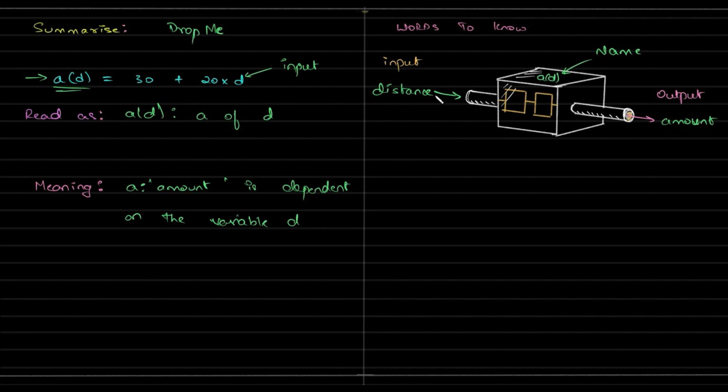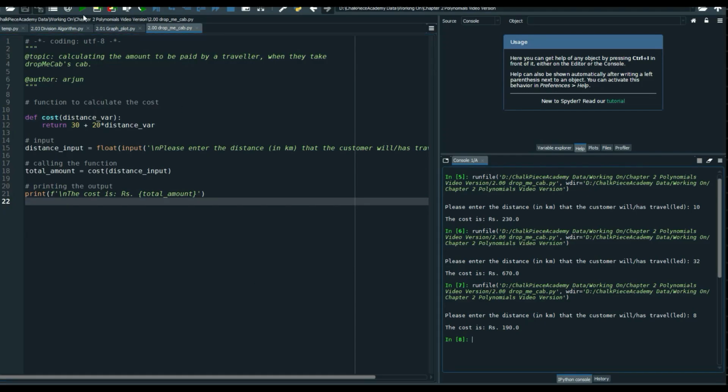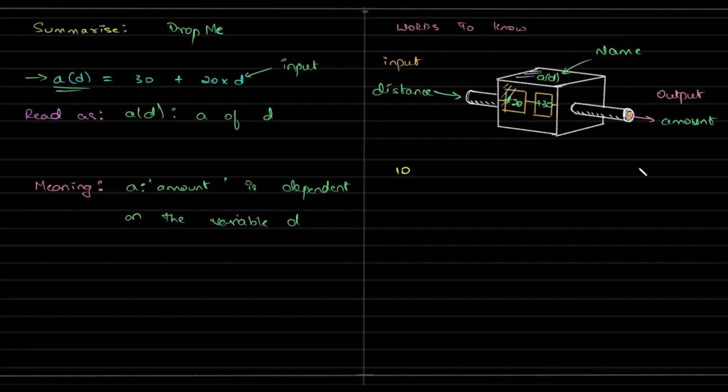Now, when you feed in any value, it's going to multiply that value with 20 and add 30 to it, and it will give us the output. So say we feed a value of 10. We already saw this. If we feed a value of 10, we get an output of 230.